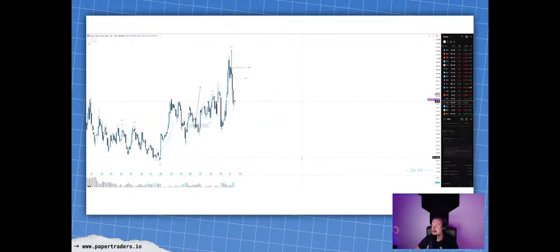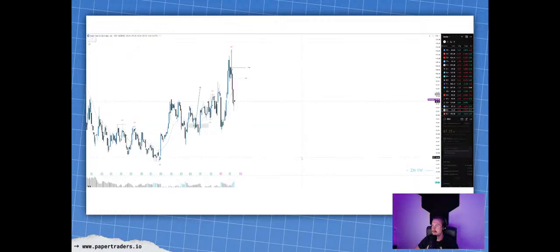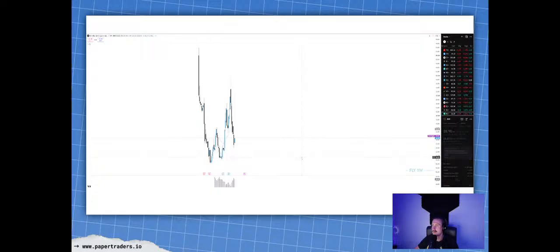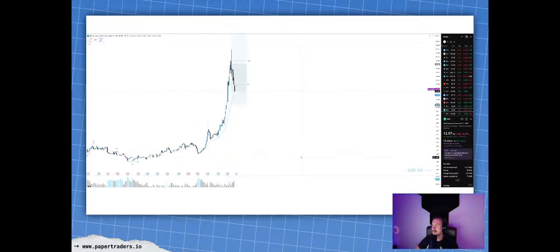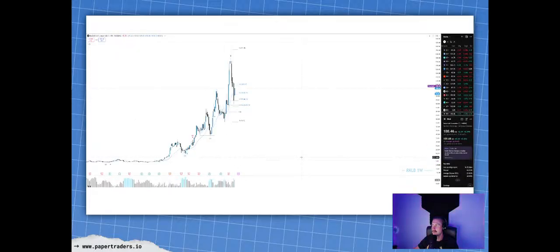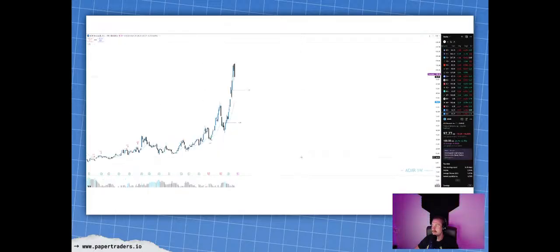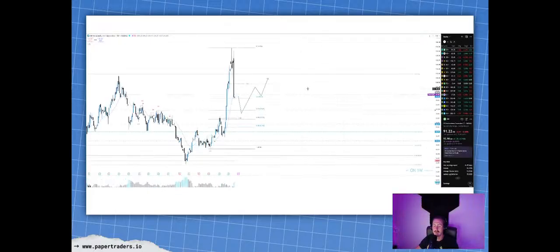ZoomInfo giving us a good potential for reversal here out of that consolidation. Nokia is just bad. Okay, that's all.